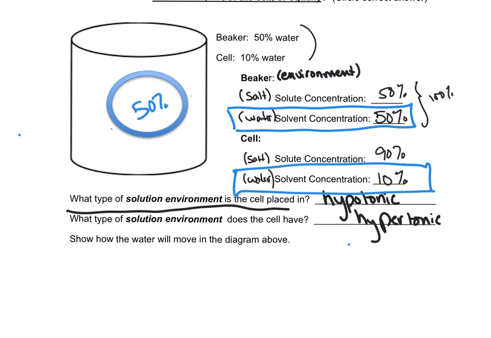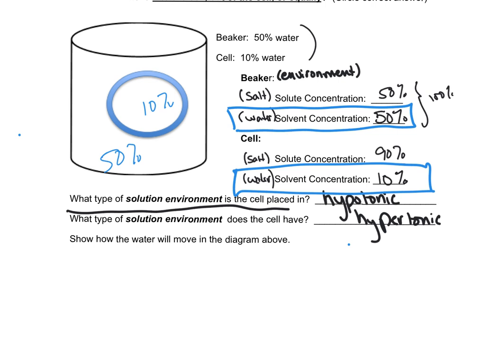And inside the cell, we have 10%. All right? Sorry, let me flip that. My cell has 10%, and my beaker has 50%.